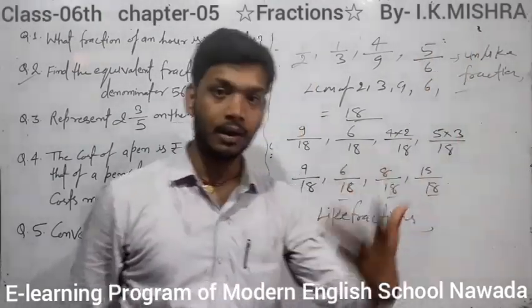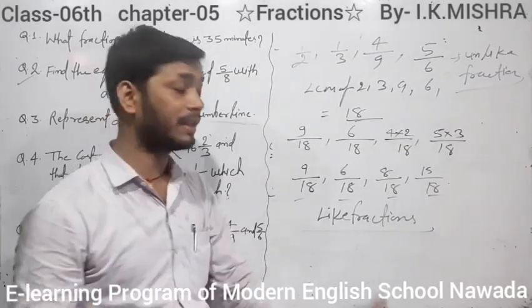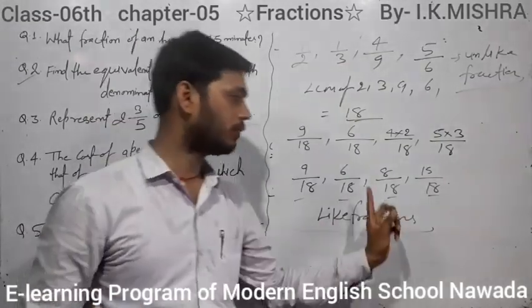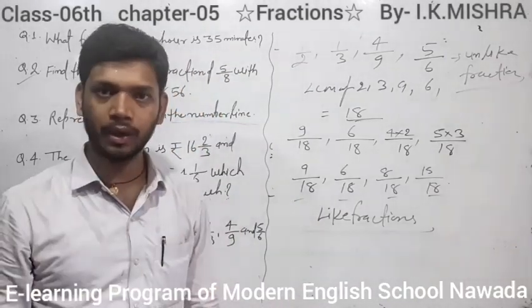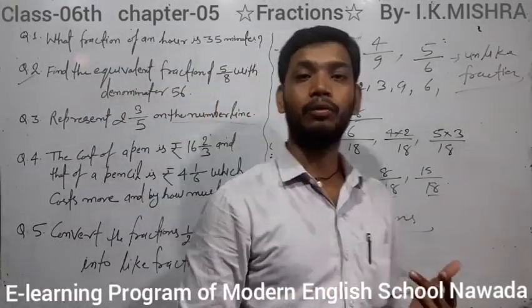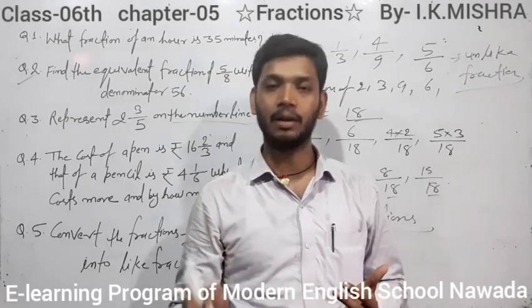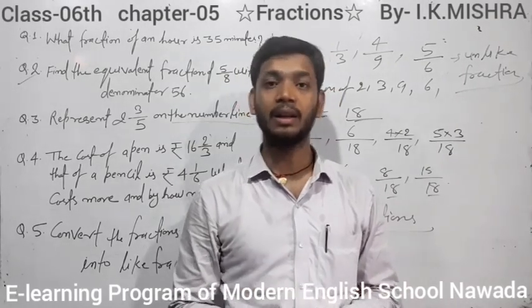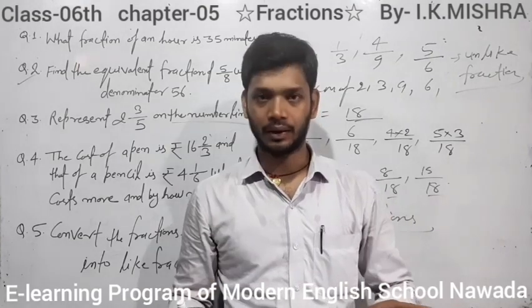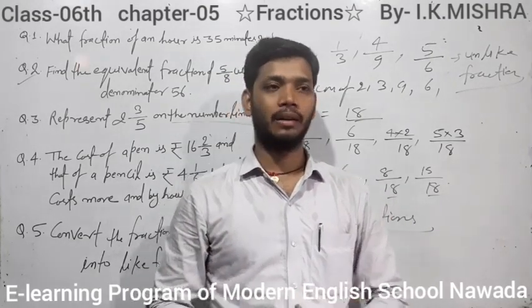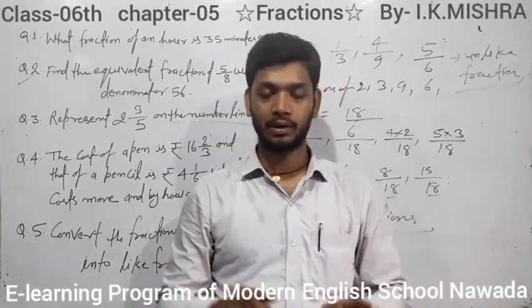So you can find the smallest and largest by first changing the fractions into like fractions. Students, always remember, when you have to arrange fractions in ascending or descending order, first of all change into like fractions, and after that you can easily arrange them.